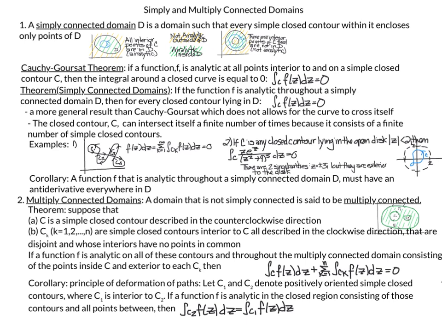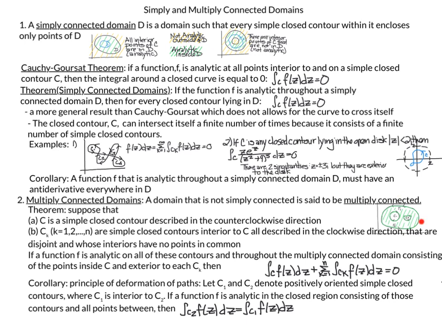And we have this theorem that says if C is a simple closed contour described in the counterclockwise direction, and then we have these other simple closed contours, C1, C2, C3 up to Cn, that are interior to C, all described in the clockwise direction, the opposite direction, that are disjoint and whose interiors have no points in common, then if a function f is analytic on all these contours and throughout the multiply connected domain consisting of all the points inside C and exterior to Ck, then we have this formula that applies: the contour integral along C plus the contour integrals along the individual Ck will equal 0.